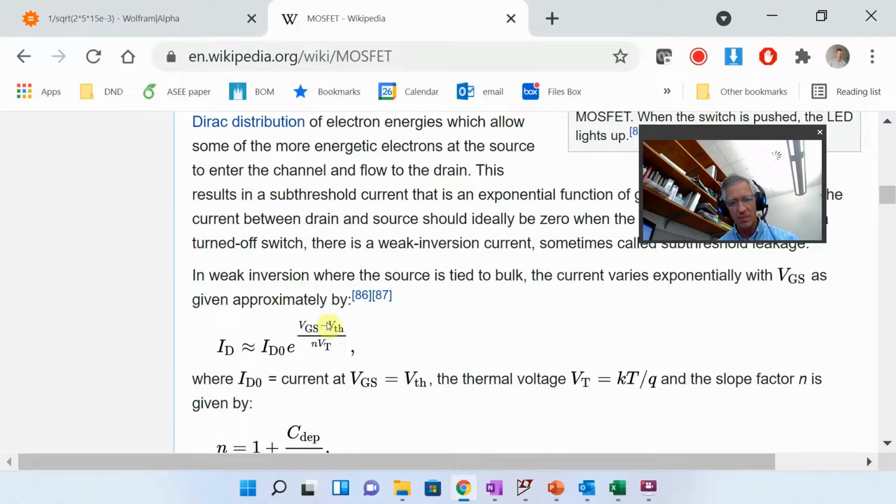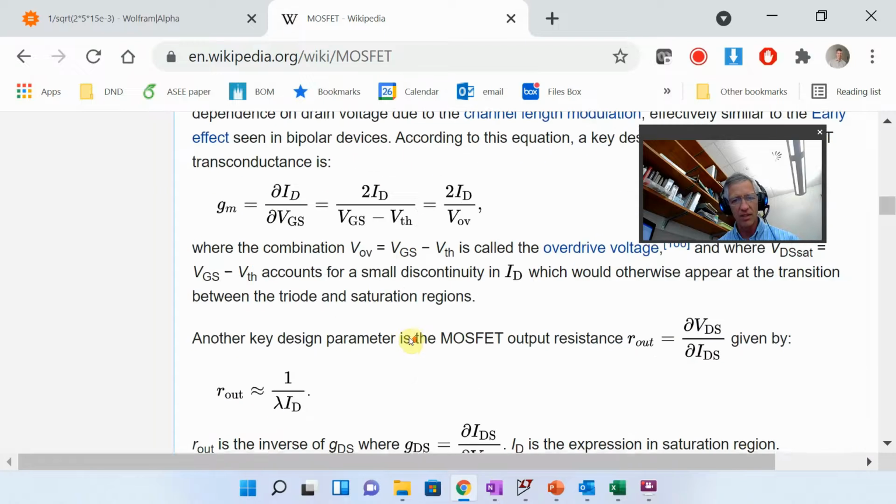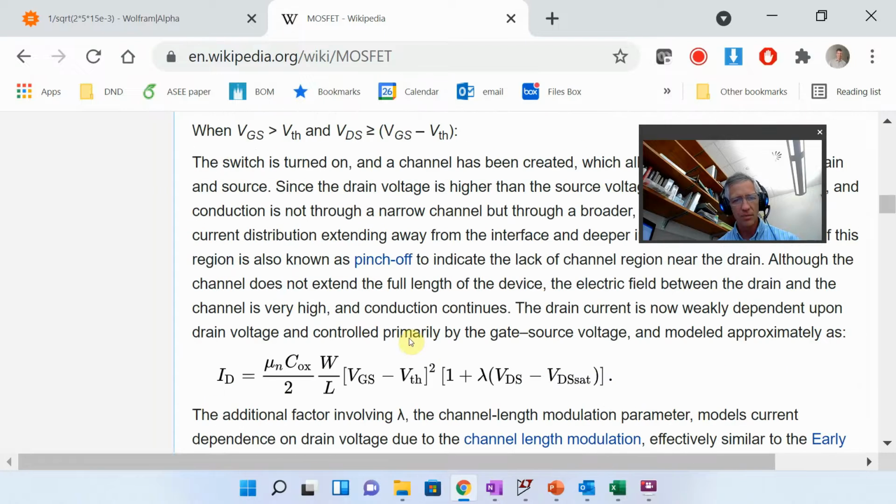It's this exponential thing, here's your PN junction like we had before with this thermal voltage, where it says the ID0 is the current right at threshold. So it's going to have an exponential relationship up to threshold, and then down here when I'm in active, it's quadratic. So it has exponential and then quadratic.